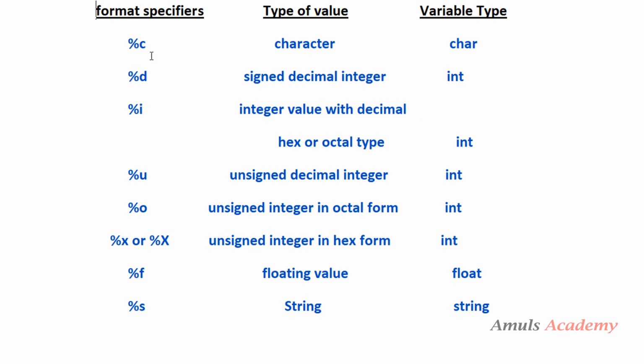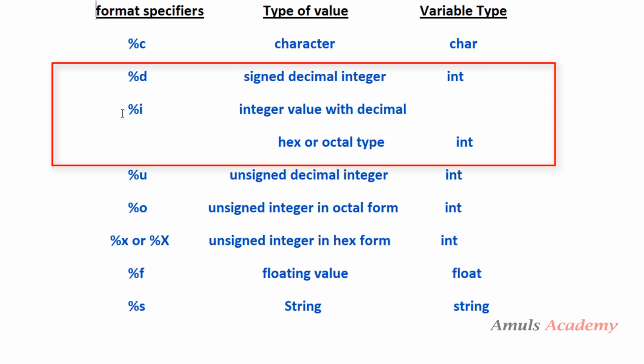First we have %c, that is for character. The difference is %d and %i. In printf, %d and %i behave the same, but in the scanf function, %d is for a signed decimal integer and %i is for an integer value of decimal, hexadecimal or octal type. %d assumes base 10, so it assumes the value is a decimal value, but %i auto-detects the base.